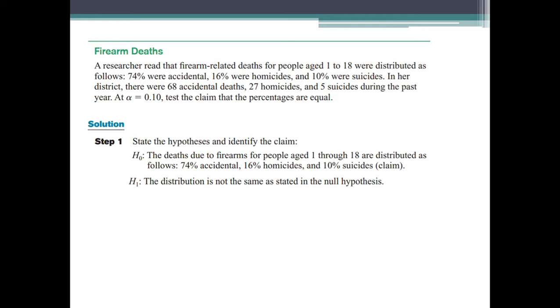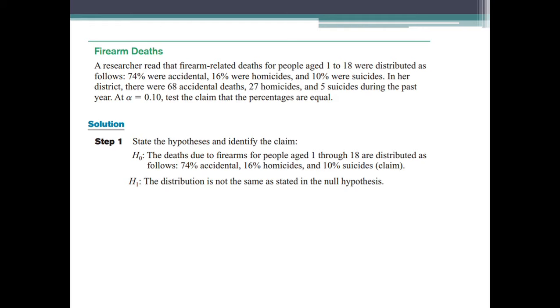In her district, there were 68 accidental deaths, 27 homicides, and 5 suicides during the past year. At alpha equal to 0.10, test the claim that the percentages are equal.